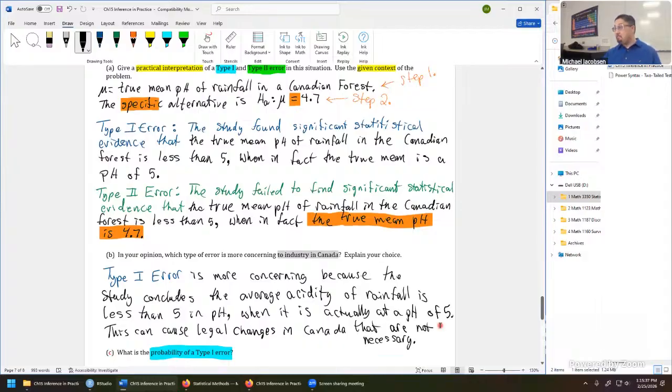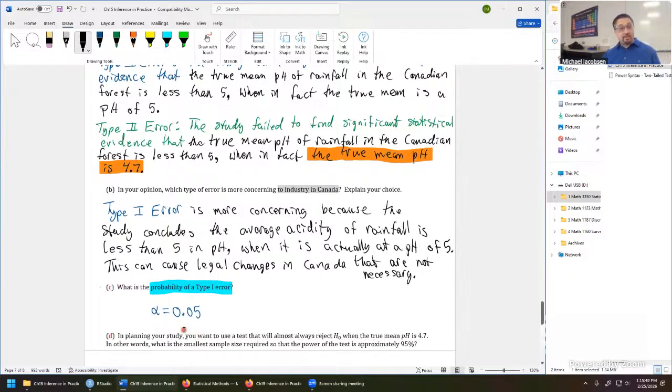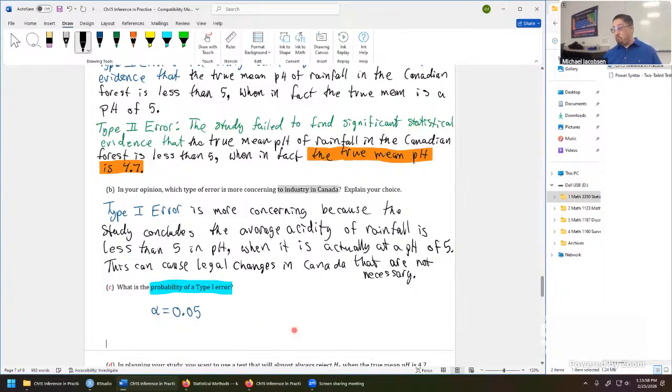And again, the industry is really going to be watching how this study goes. They're going to probably be very critical of the alpha level. Even if the statistics went flawlessly, we found that the probability of a type 1 error is 5%. So if they base legal action on just one study, plenty of lawyers are going to come out of the woodwork and say, that's not fair.